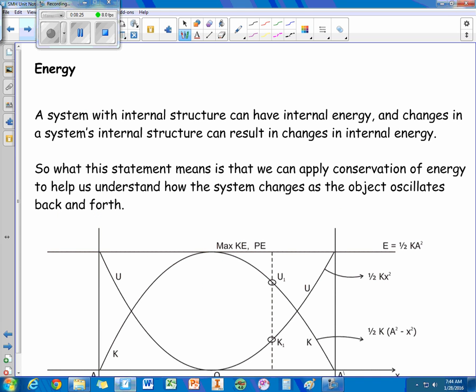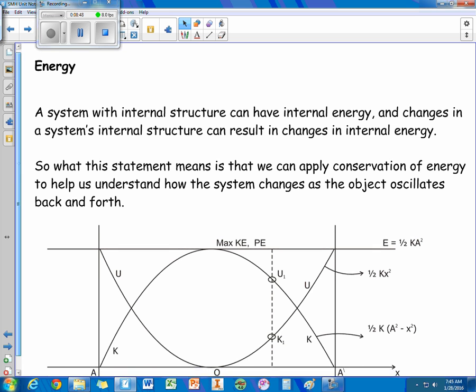Energy. Okay, so a system with internal structures can have internal energy. And the systems, we have a mass spring system, and then we have the bob earth system in the pendulum. Changes in a system's internal structure can result in changes in internal energy. So what the statement basically is telling us is that we can apply conservation of energy to help us understand how the system oscillates.